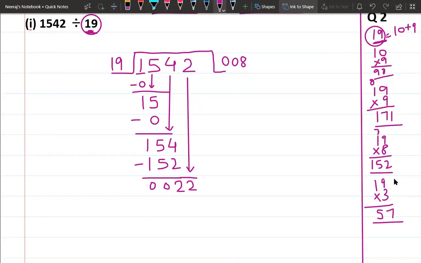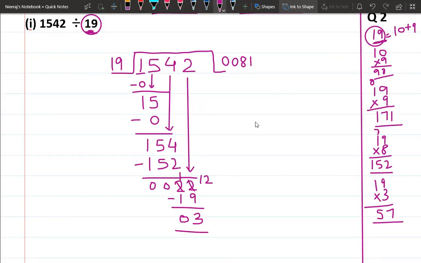Again, 38 is greater, so it will go with 1. So 19 ones are 19. Now you have to subtract. So this will be 12 minus 9 is 3. And here you are left with 1. 1 minus 1 is 0. And your remainder is 3.